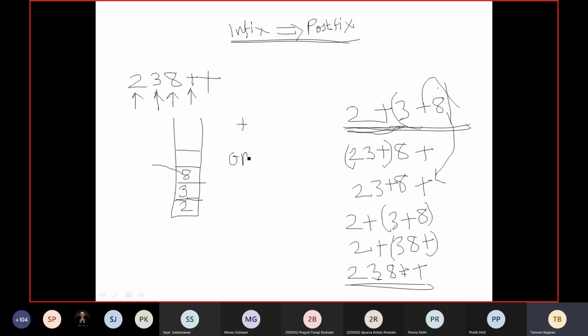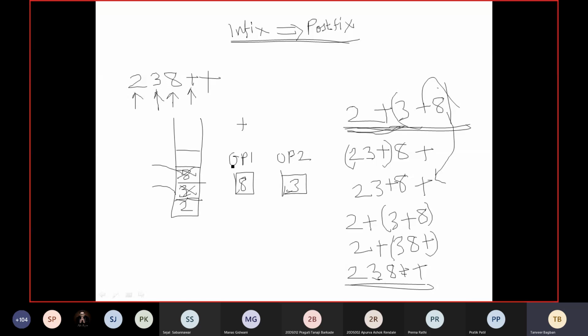So OP1 is the first operand; 8 is taken in OP1. Then perform the second pop. When you perform the second pop operation, the delete operation, 3 is removed. Now 3 is taken in the second operand, that is OP2.